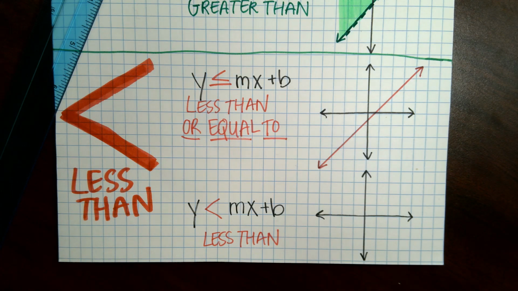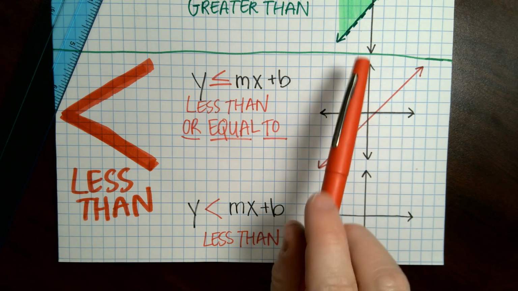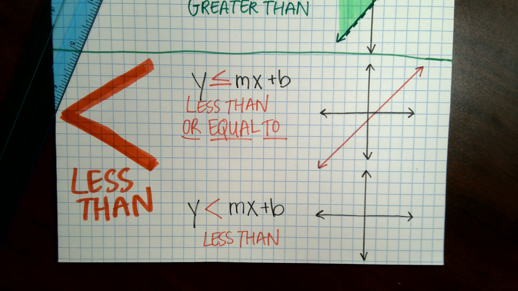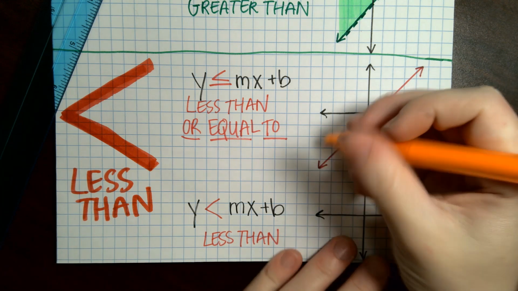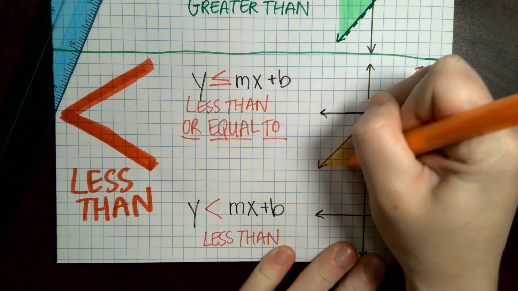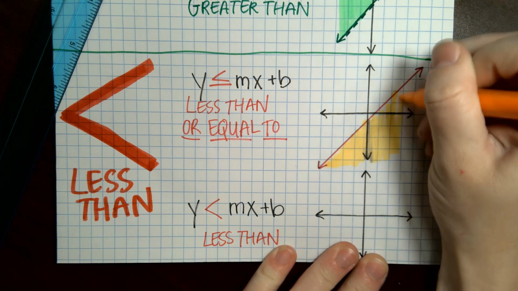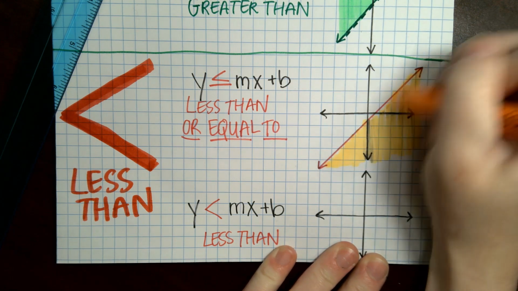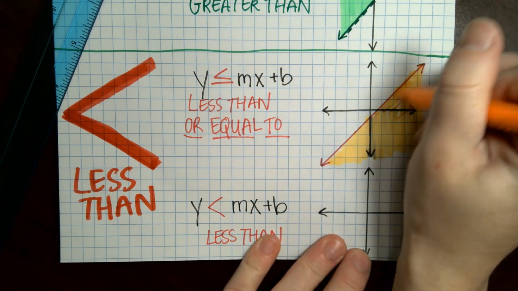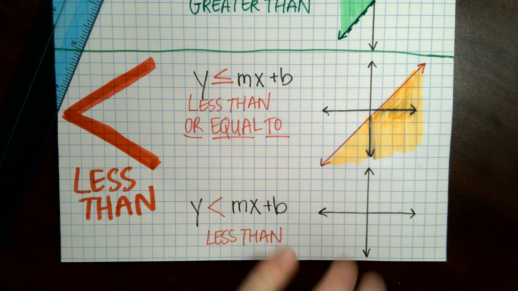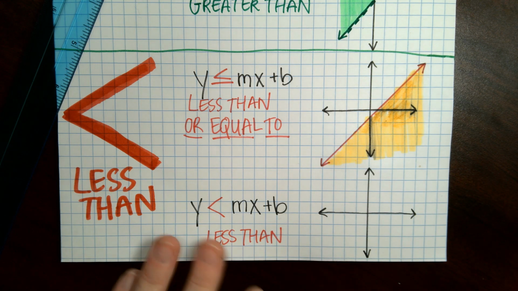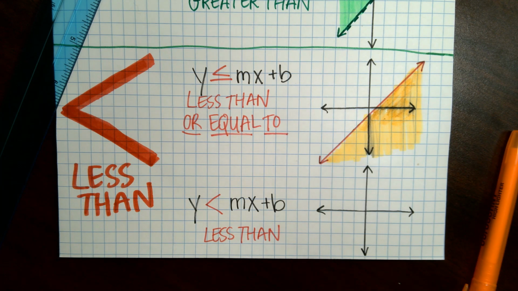So now that we've got our line drawn, are we going to shade up or down? Down. You're going to shade down this time. Good. This time you'll shade down to show that it's less. So that's the only difference there. It's just where you shade it.